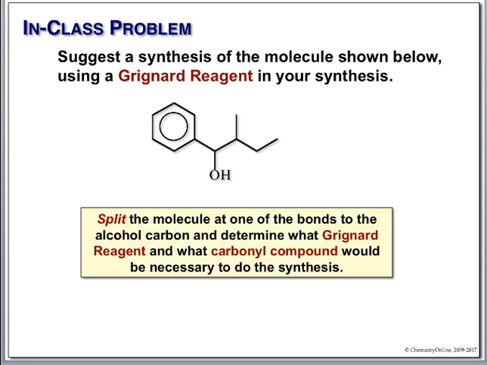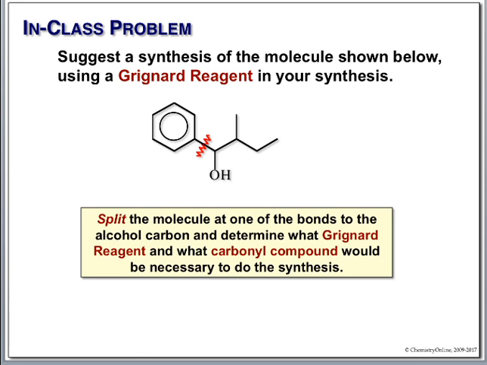Let's start off this way. We're going to look at this, we're going to split it on one side or the other. And we're going to ask ourselves, if we did that, what would the Grignard reagent be? What would the carbonyl compound be? Let's split here.